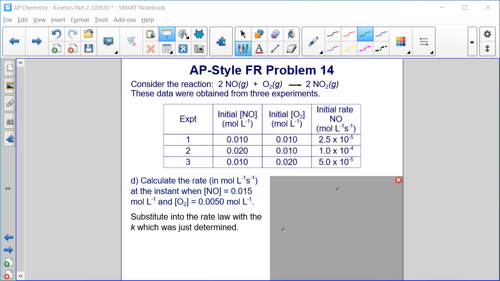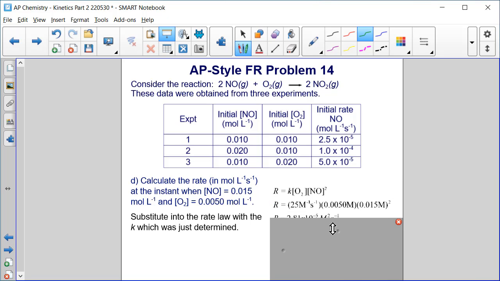All right, in part D, calculate the rate in molarity per second at the instant when the NO concentration is 0.015 molar and O2 concentration is 0.0050 molar. Now that we found k, we can just substitute the values directly into the rate law equation. So k was 25.